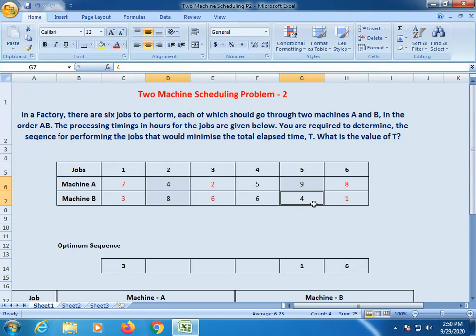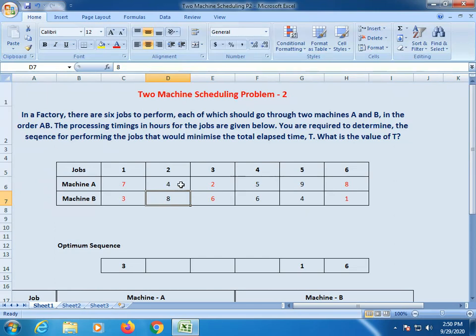Okay, so here we have 9, here we have 8. If we compare the corresponding values, we can check which is the shortest corresponding value. Comparing with the 9, here 8 is the corresponding shortest processing time.